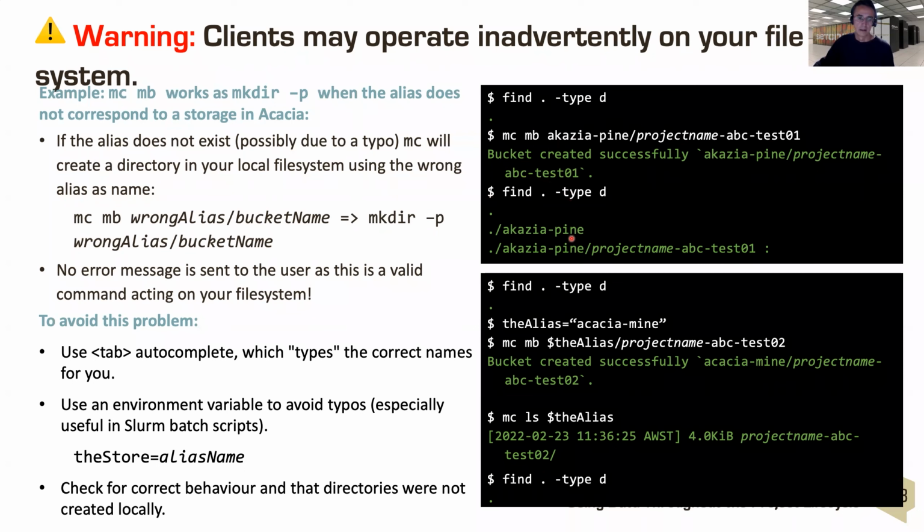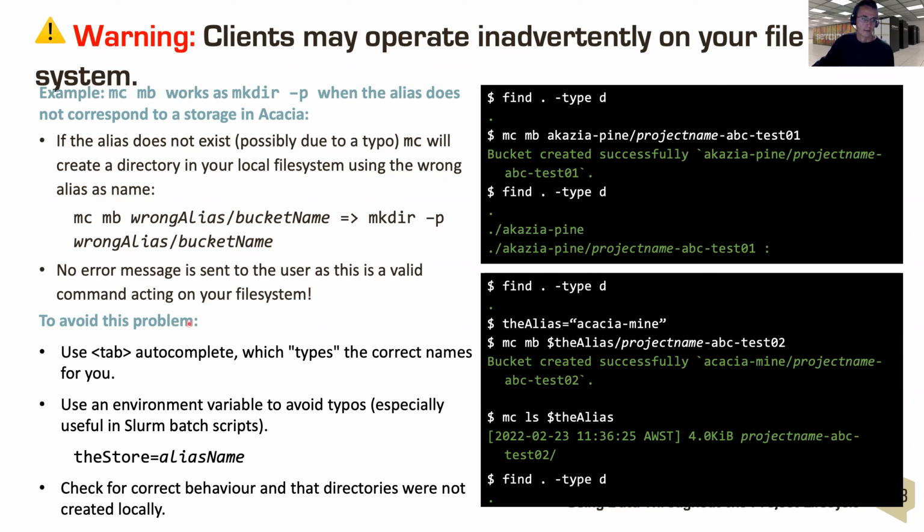As you can see, what the command did was to create the acacia-pine directory and the project name ABC test subdirectory underneath. So you need to always type the name correctly and be aware of this kind of problem. As I said, all the clients have similar problems.